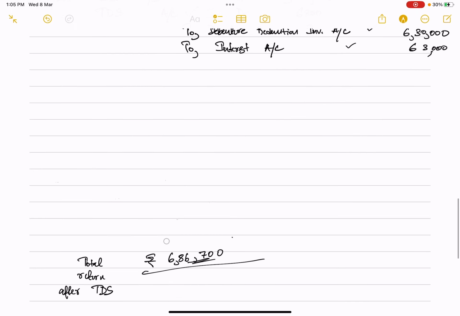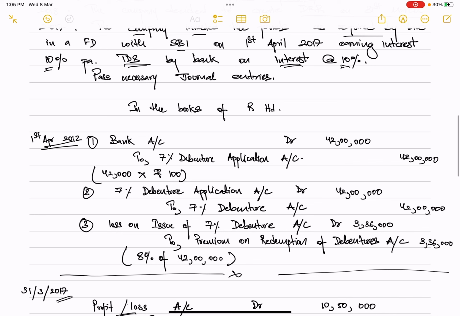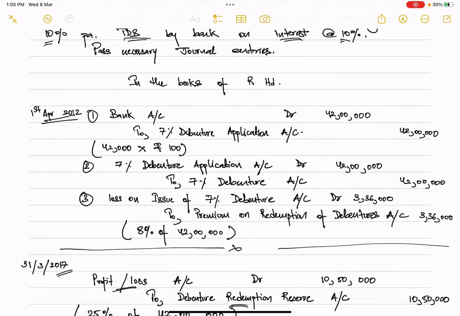So if you go back and see the entries that you made during the issue, the debenture account was credited to represent the opening of the debenture account, right? So this means we simply have to reverse these entries.